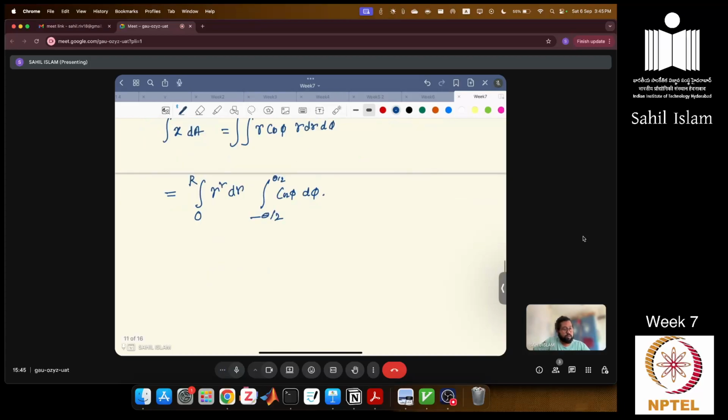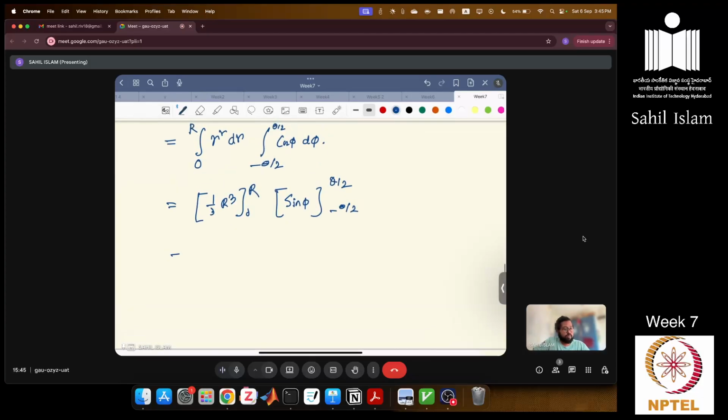So we get 1/3 r cube from 0 to R, and sin phi from minus theta by 2 to theta by 2. So we get r cube by 3 times sin theta by 2 minus sine of minus theta by 2.